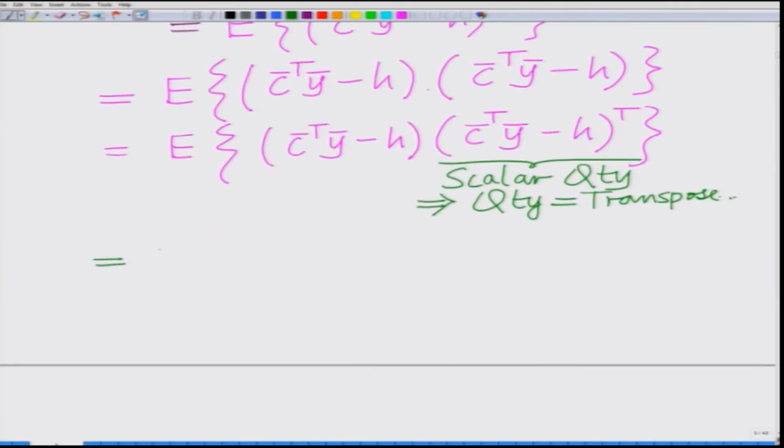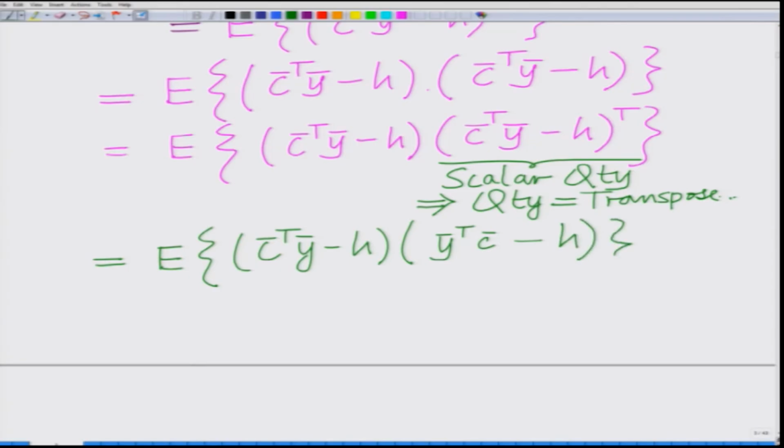Now, we can simplify this further as expected value of C bar transpose y bar minus H times y bar transpose C bar minus H, since C bar transpose y bar transpose is y bar transpose C bar, and H is of course a scalar, so H transpose is H. Now we will expand this product term by term.